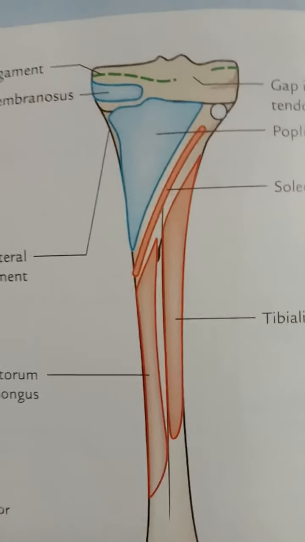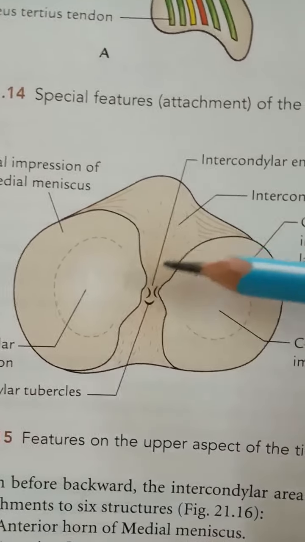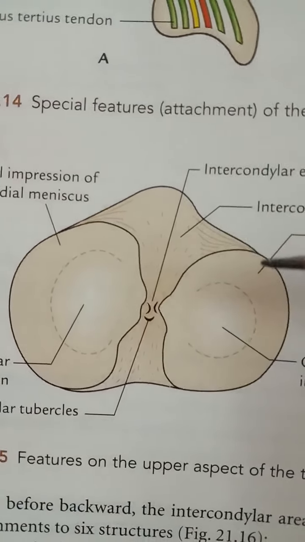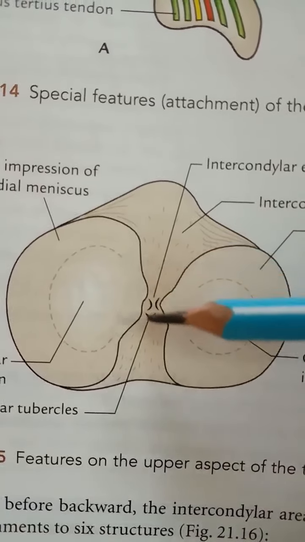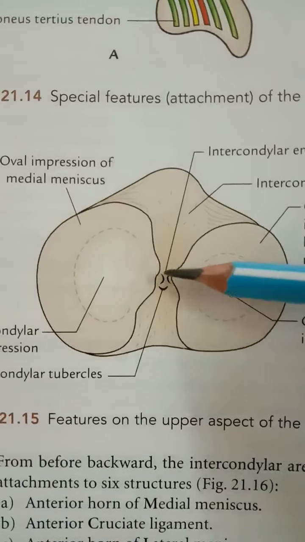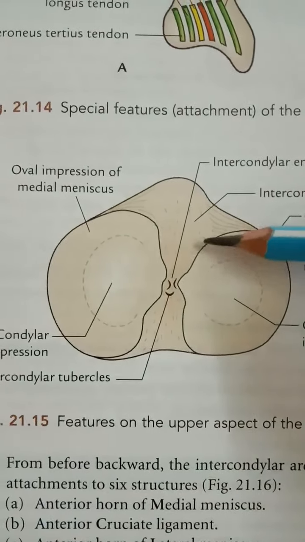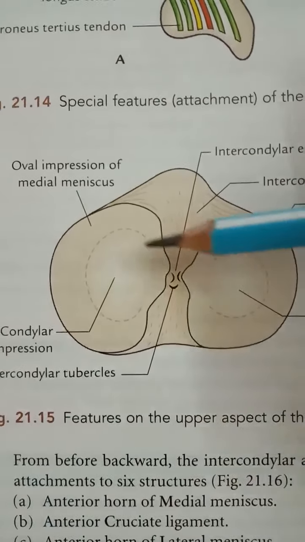Then the intercondylar area. The intercondylar area is a rough area on the superior surface. Here is the rough area, and the intercondylar area is present between the articular surfaces of the two condyles.